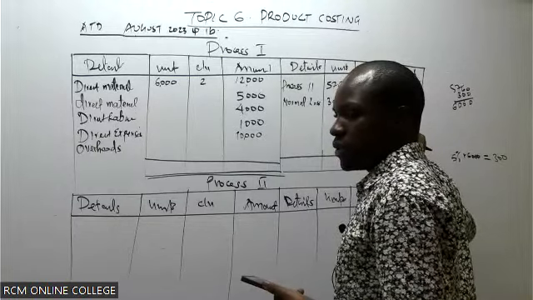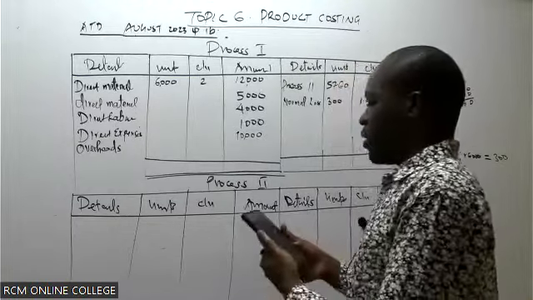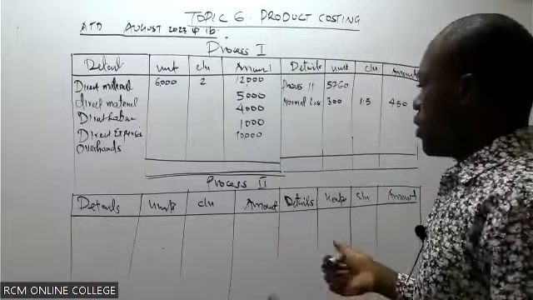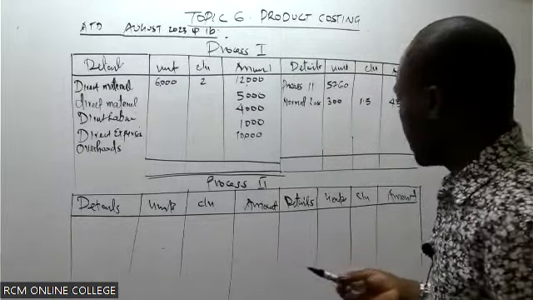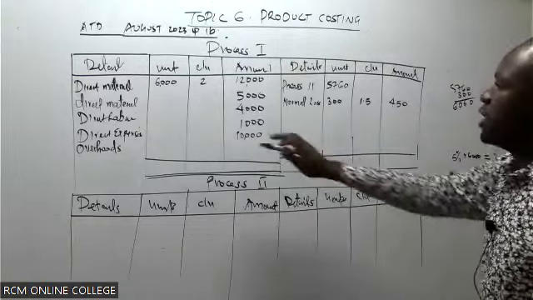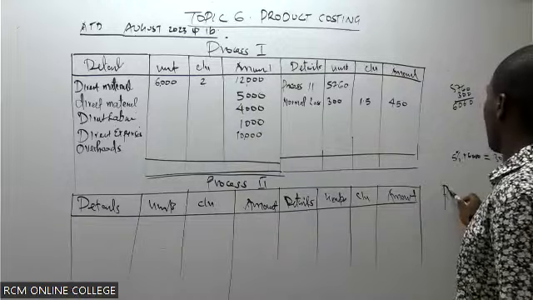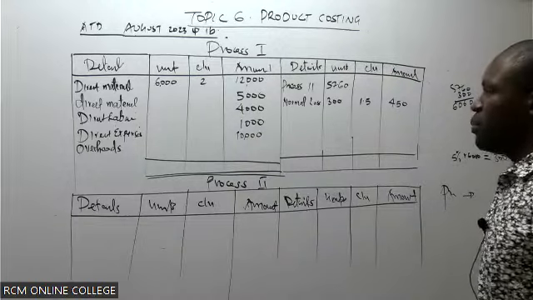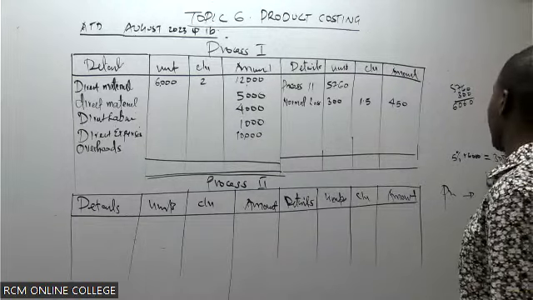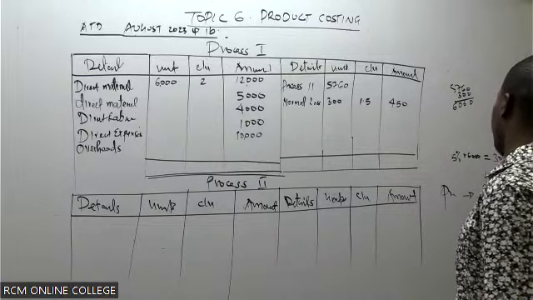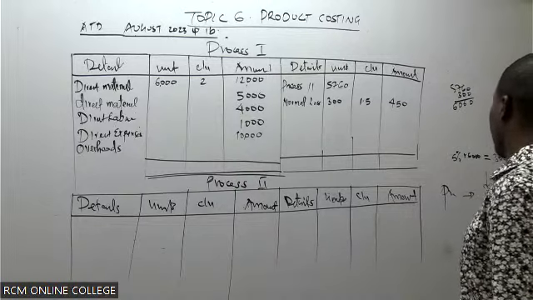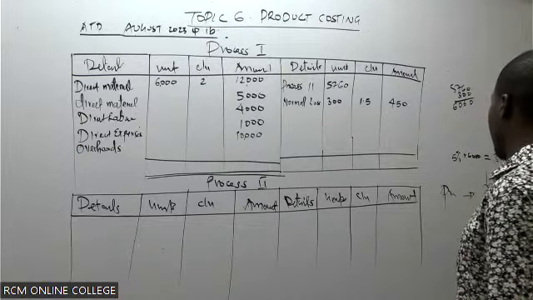How about process 2? 5760. Process 2, if you are in the manufacturing sector, at this point you only boil. Having boiled, you transfer to other departments that are going to add some chemicals. That is process 2. In process 3, they have added everything.